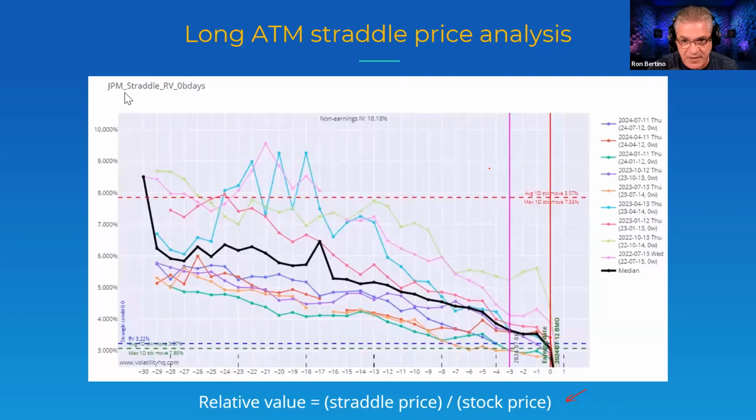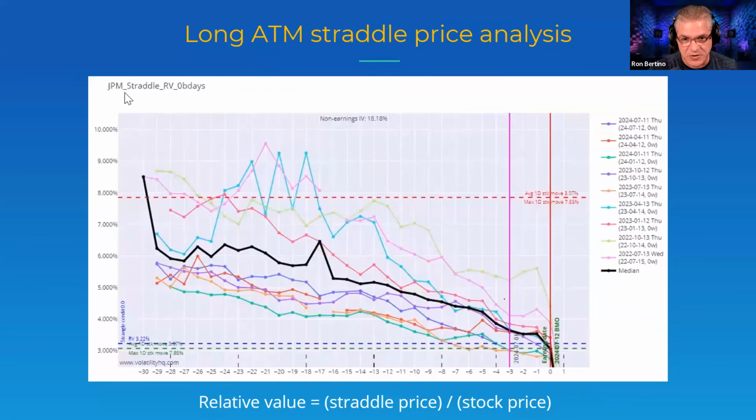We could just track the raw nominal straddle price, which is the call and the put. But if the stock price doubles, then those options are going to increase significantly in price too. So then we'll have one line that looks something like this, but the other line when we draw it is going to be way up here. So it makes things very, very difficult to see on the same graph.